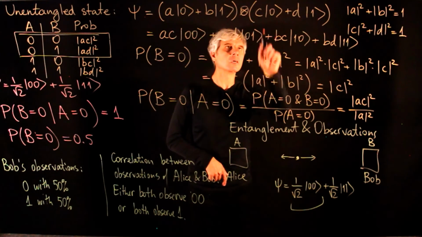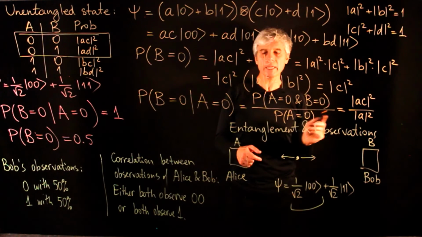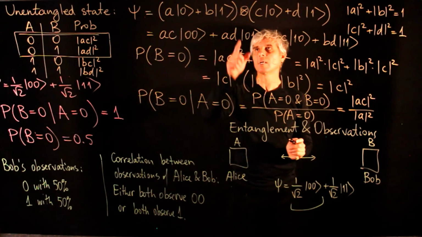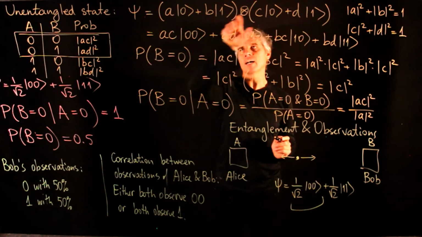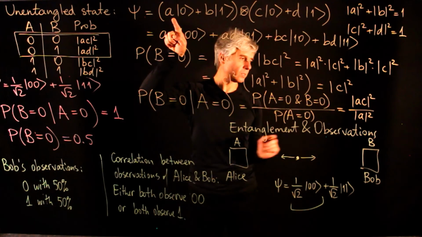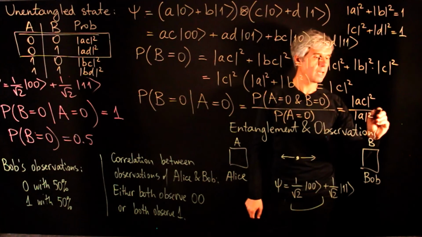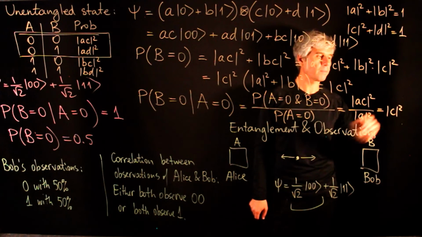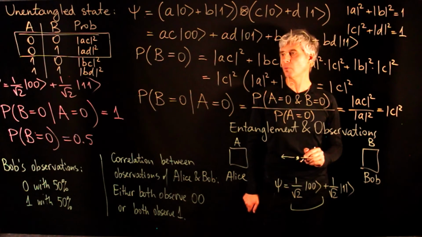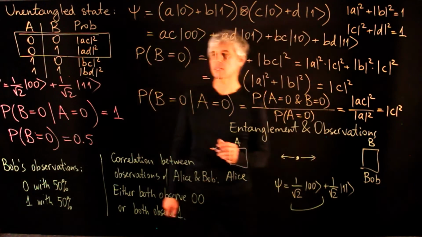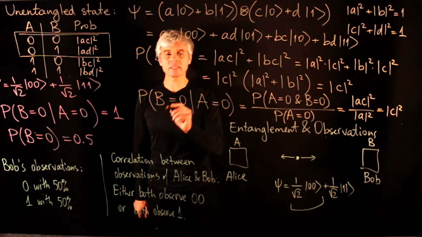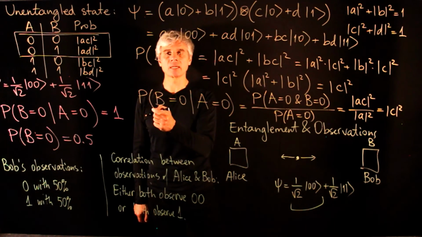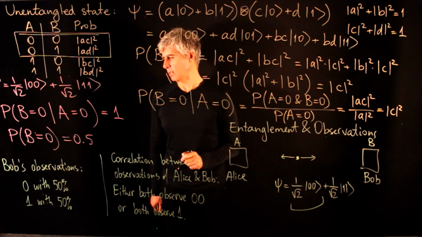So it will be norm of C squared. Likewise, the probability of Alice observing 0 does not depend on the second factor and only depends on the first factor. And so it's given by norm of A squared. And so what we obtain is that for unentangled states, we have equality between conditional probability and unconditional probability.